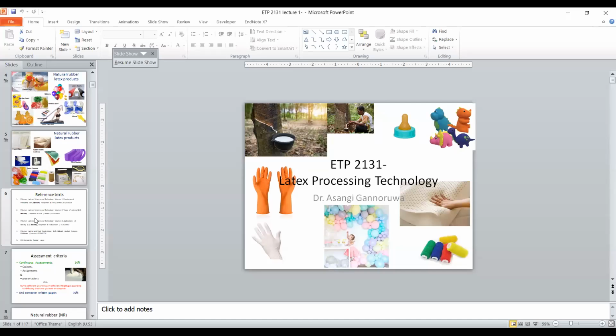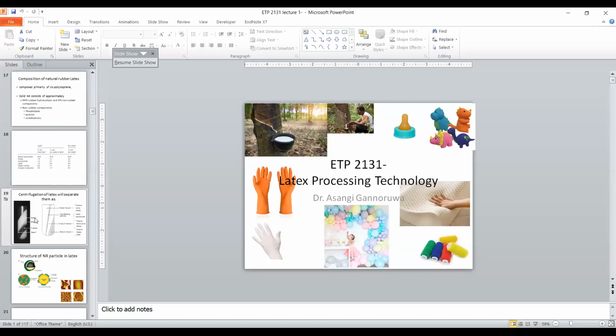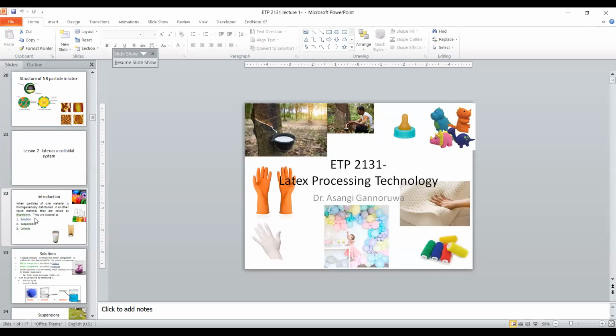That means, first, we will be discussing the stability of latex. Then we will learn about how compounding is done. Then we will talk about the types of processing that you can do for latex in order to manufacture goods.